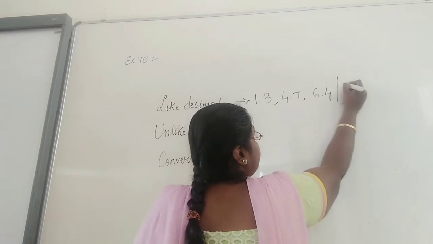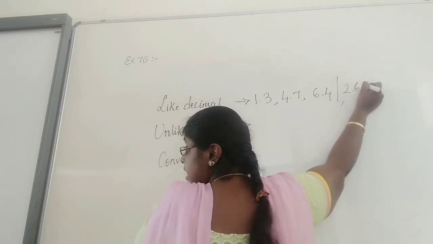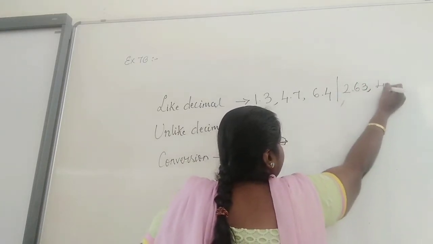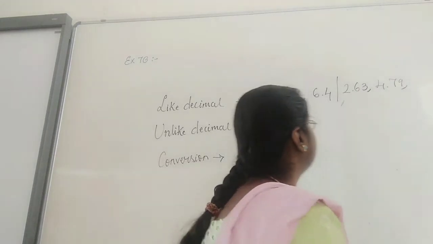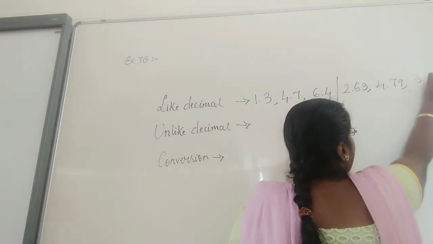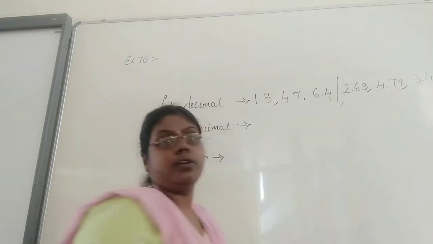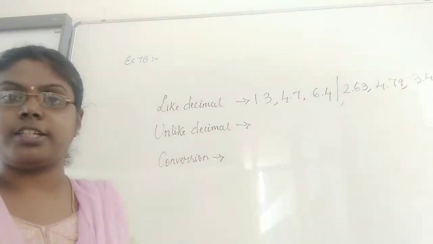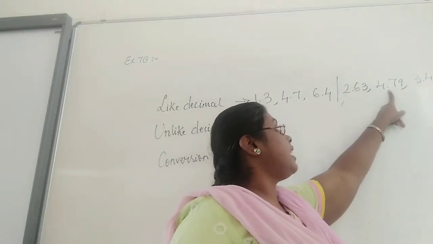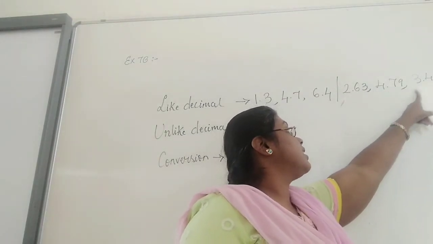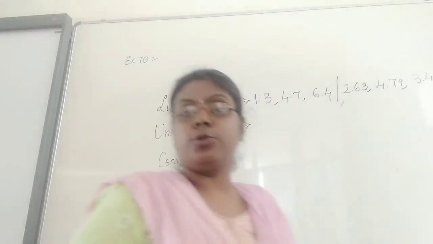Now, one more example is 2.63, 4.79, 3.41. Okay. So 3.41, after the point you have two digits. Here after the point you have two digits, and after the point you have two digits.